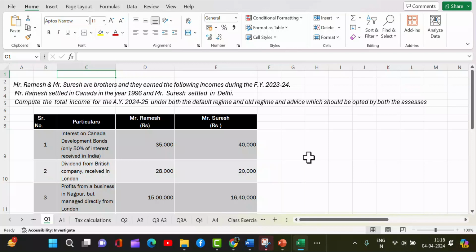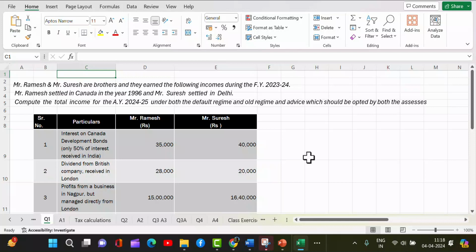Mr. Ramesh settled in Canada in the year 1996 and Mr. Suresh settled in Delhi. Compute the total income for assessment year 24-25 under both the default regime and old regime and advise which should be opted by both the assessees.